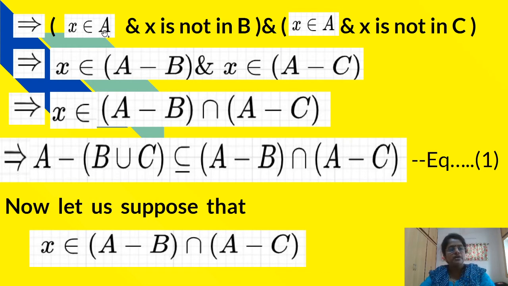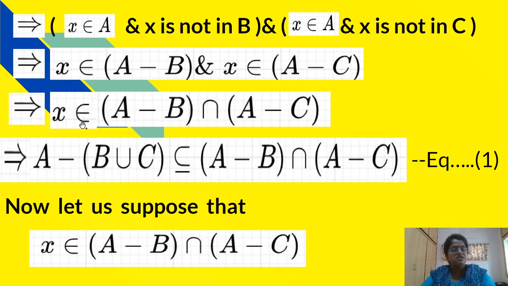The same statement can be written as X belongs to A and X is not in B, and X belongs to A and X is not in C. The first part can be written as X belongs to A minus B, and this second part can be written as X belongs to A minus C. Means X is in A minus B, X is in A minus C, and therefore it will be in their intersection.